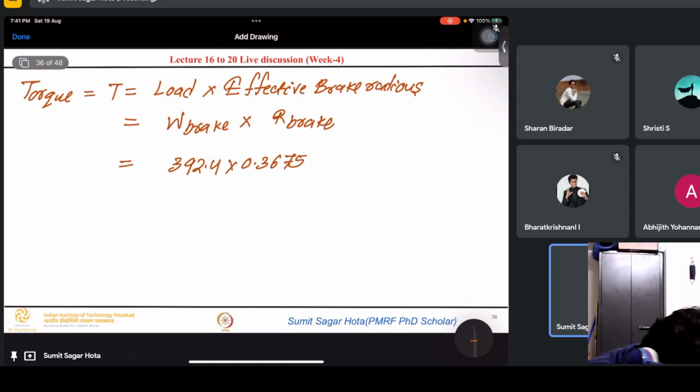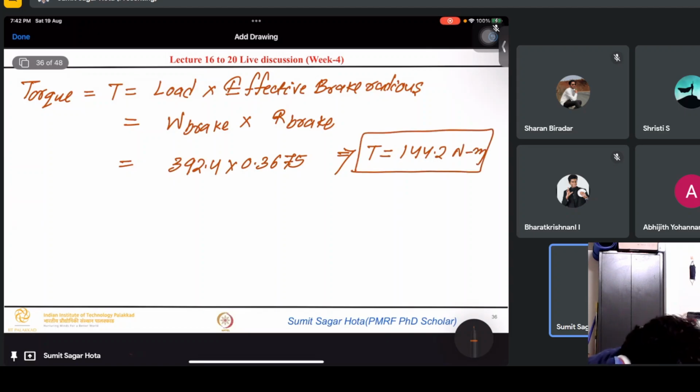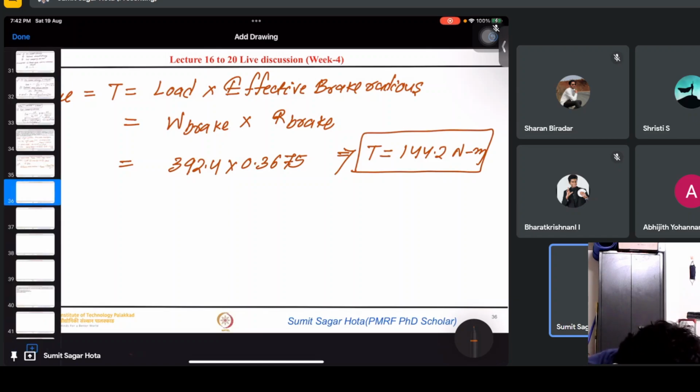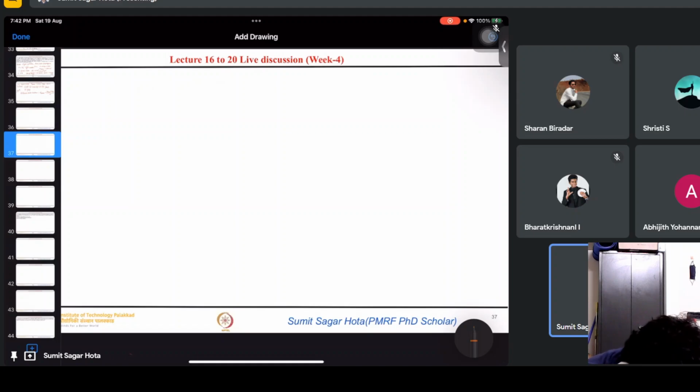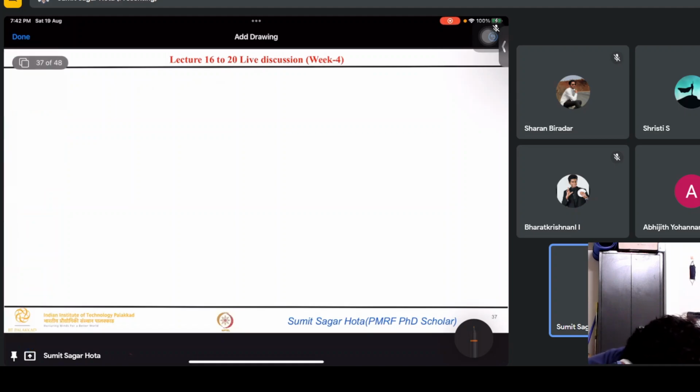When you solve, you will get T equal to 144.2 Newton meter. Okay. So first, brake power.